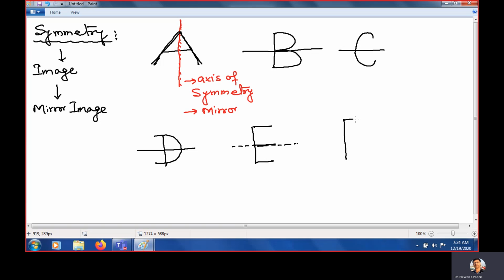But there are English alphabets symmetrical about a vertical line, and some symmetrical about a horizontal line. But some are neither symmetrical about the vertical line nor about the horizontal line. So this is not symmetrical.